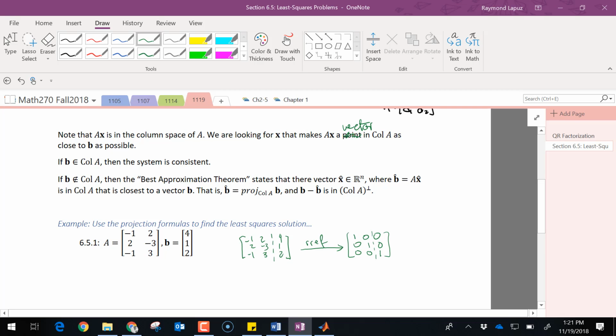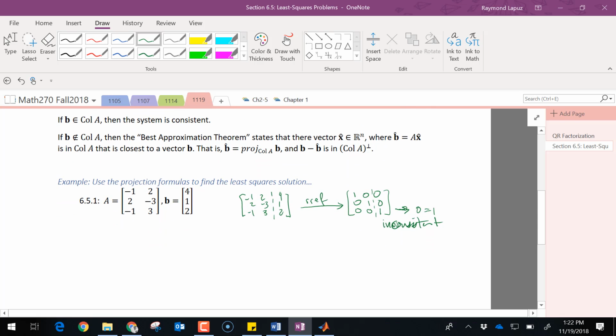But if you look at it as an augmented matrix, then our last row tells us that 0 is equal to 1, which is a contradiction. So this is inconsistent. So what we need to do is project b onto the span of the two vectors in the columns of A. So how do we do that? We have to orthogonalize it first, right?